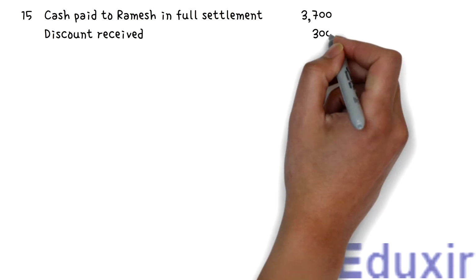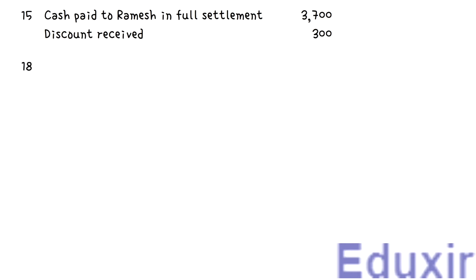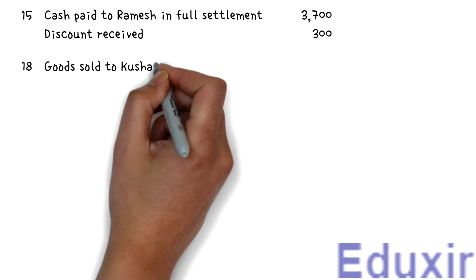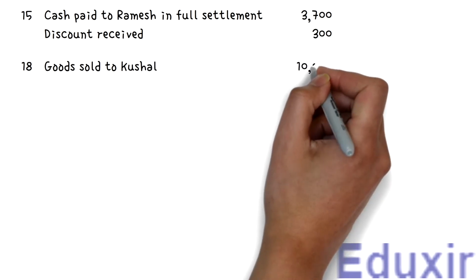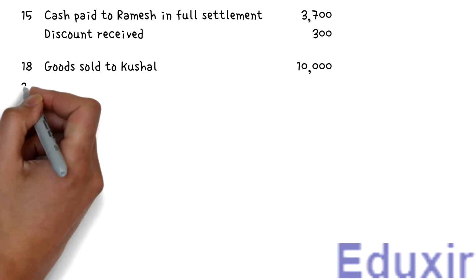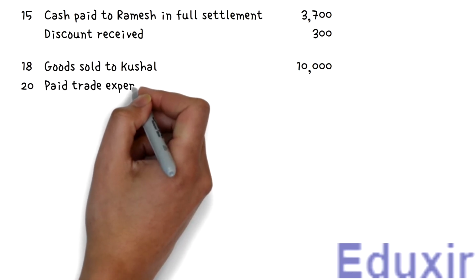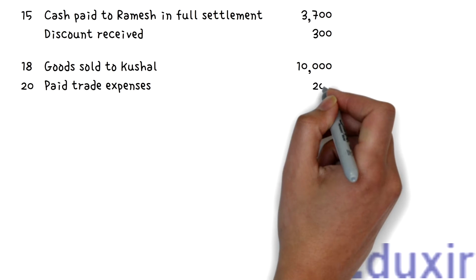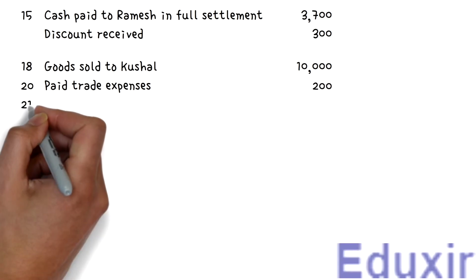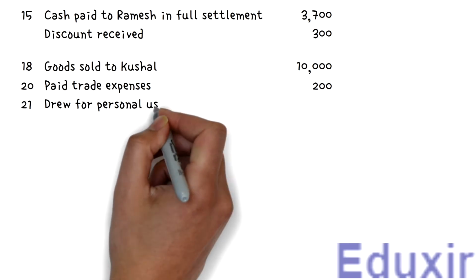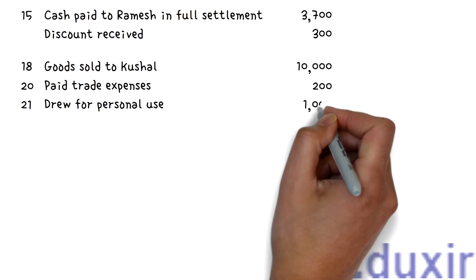300 rupees. On 18th April, goods sold to Kushal 10,000 rupees. On 20th April, paid trade expenses 200 rupees. On 21st April, drew for personal use 1,000 rupees.